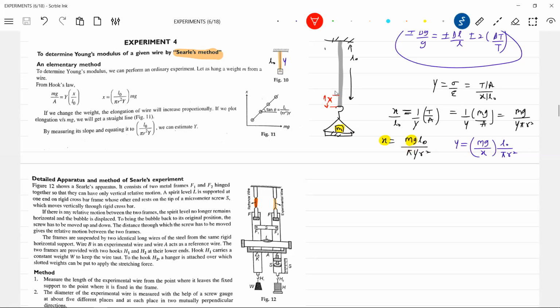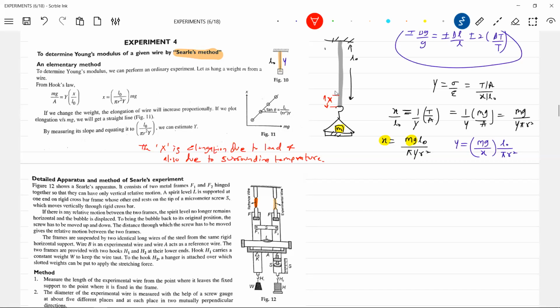I'll write the comment here. X is elongation due to load and also due to ambient temperature, or the surrounding temperature.